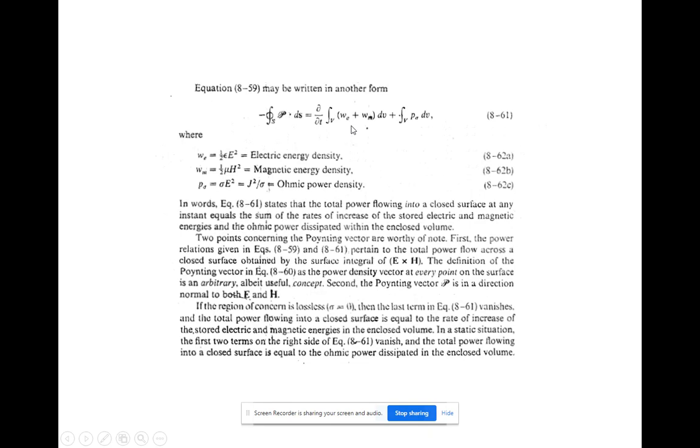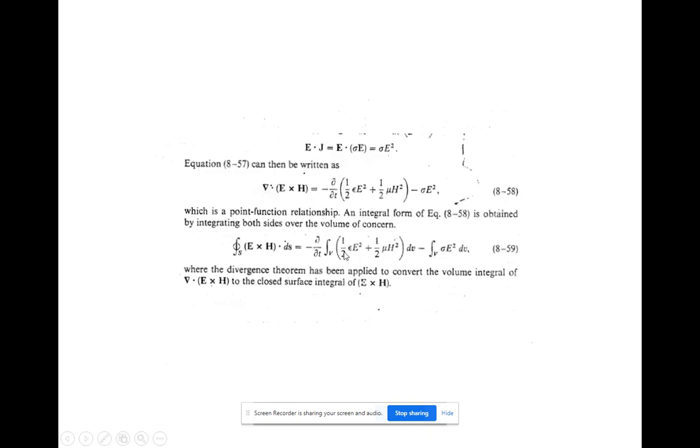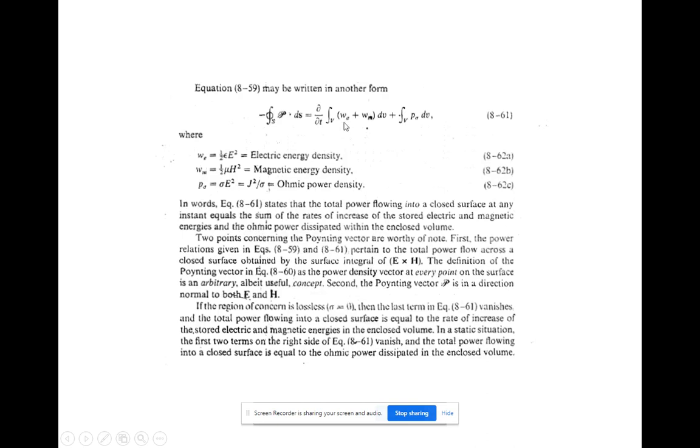Du by dt of the integral, you just replace half epsilon E squared and half mu H squared by We and Wm, that is electric field and magnetic field energy density, into dv, plus the integral of P sigma into dv. P sigma is nothing but sigma E squared, which can be represented as J squared by sigma, that is the ohmic power density.